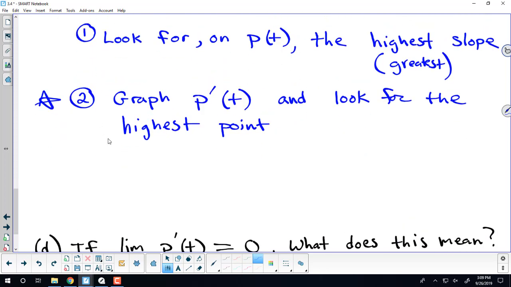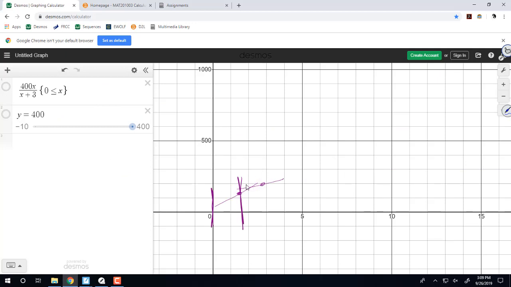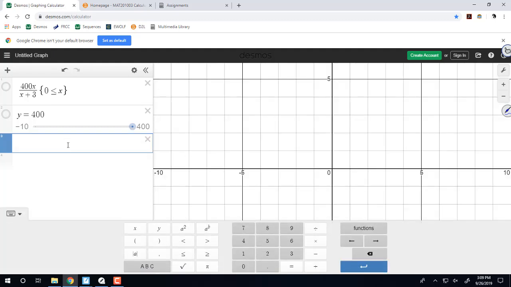All right, so we'll look at the graph. We'll turn this off and graph the derivative.